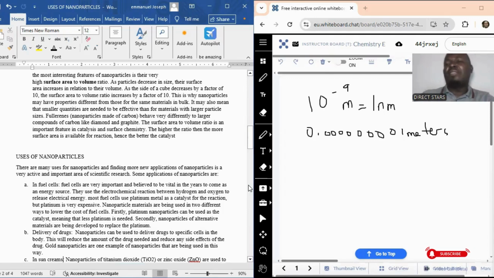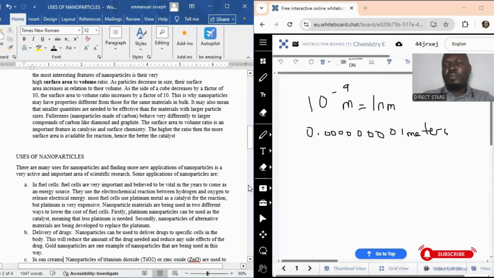And that is why nanoparticles act as better catalysts than the regular transition metals that we use as catalysts for reactions. So I will take that again. The reason why nanoparticles are better catalysts than the transition metals is due to the very high surface area to volume ratio that they possess.